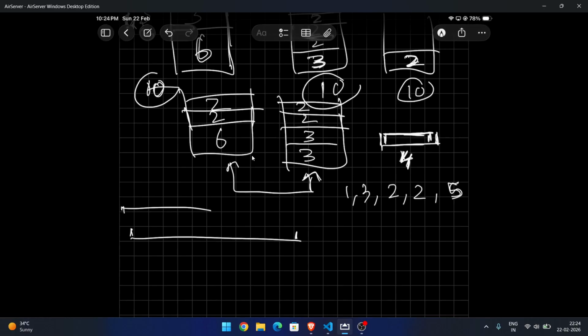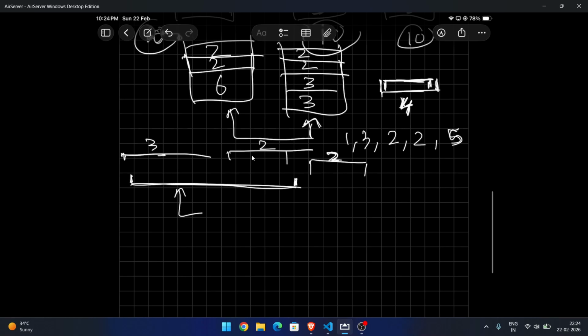We are given some segments of size 3, size 2, size 2, and we want to put the maximum segments in this one segment. Now there is no algorithm that would tell us how to do this without trying every possible solution. Because if we put one segment here, then the remaining would be n minus 1.